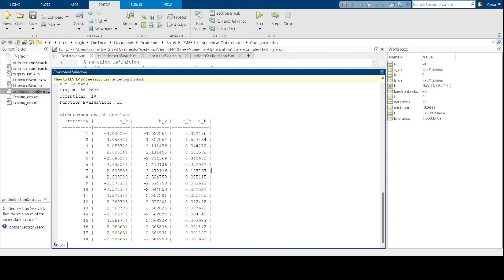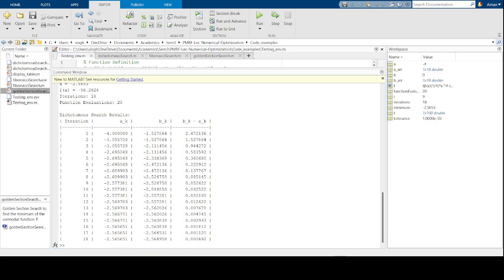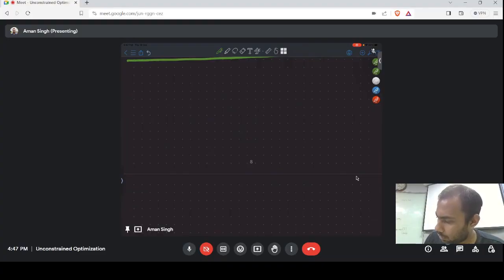So yeah, this programming example helps us verify all the insights that we learned. Now let's go back to pen and paper. Till now we did derivative free algorithms. We'll now do derivative based algorithms.